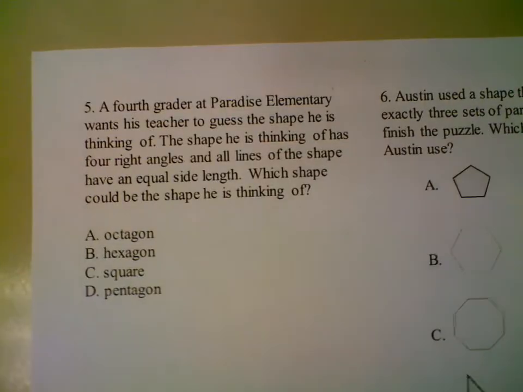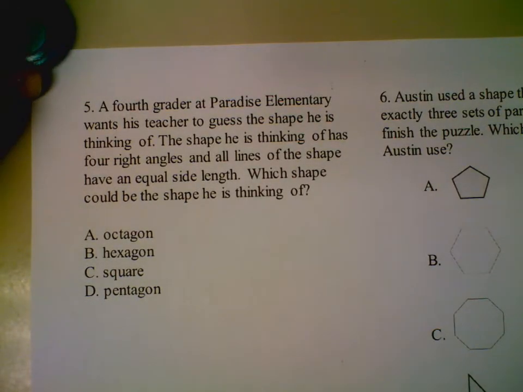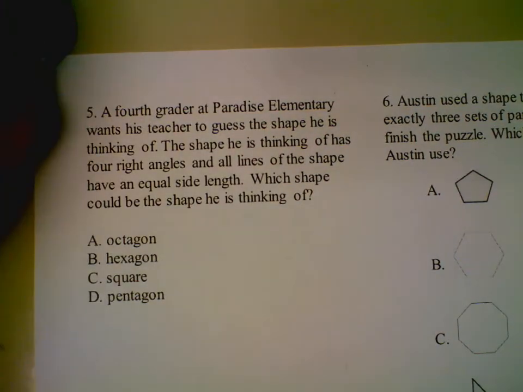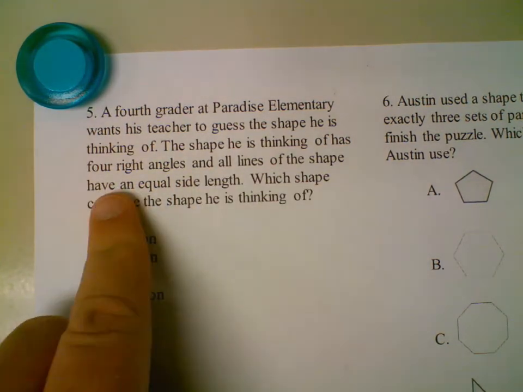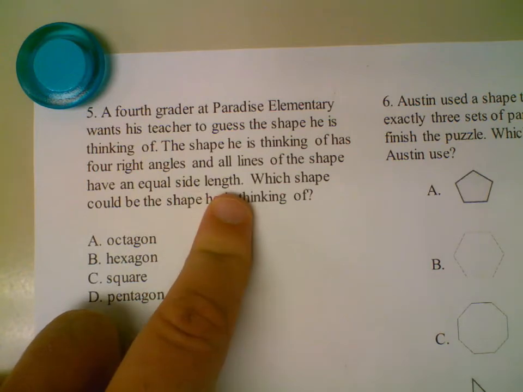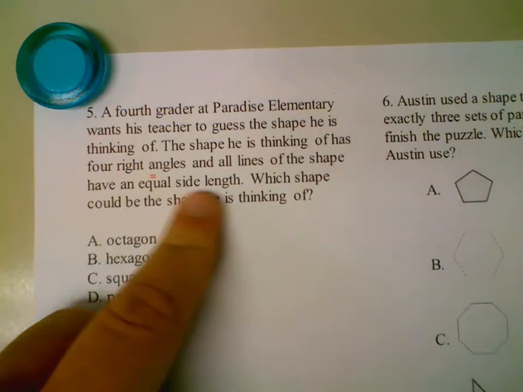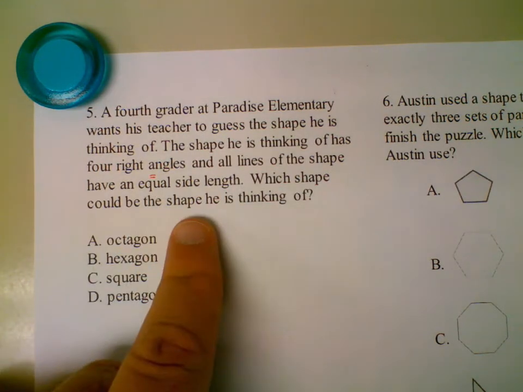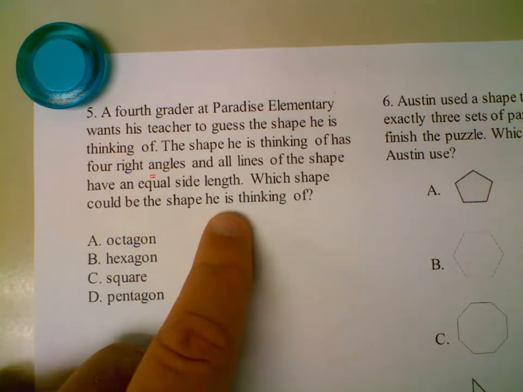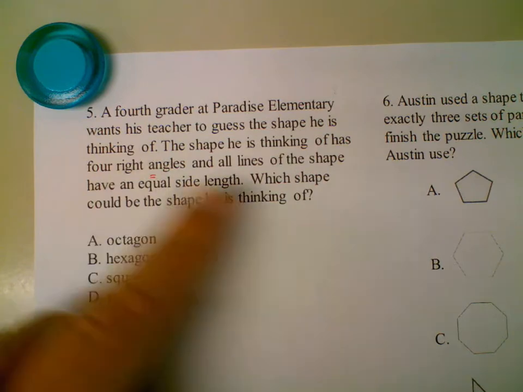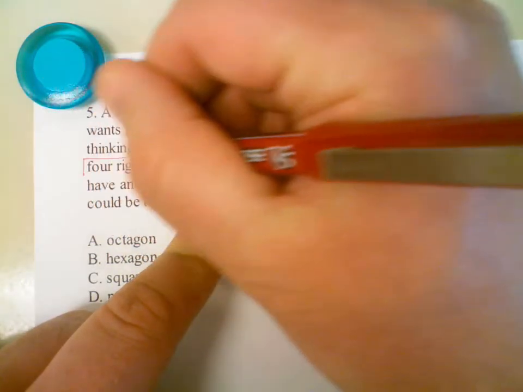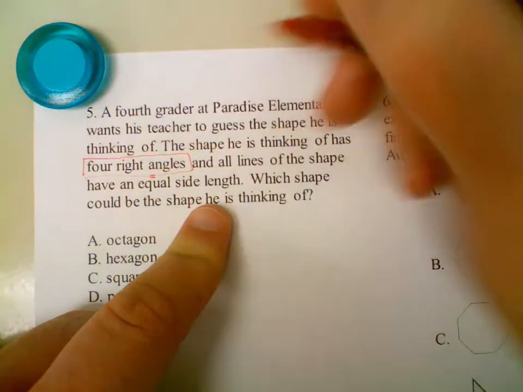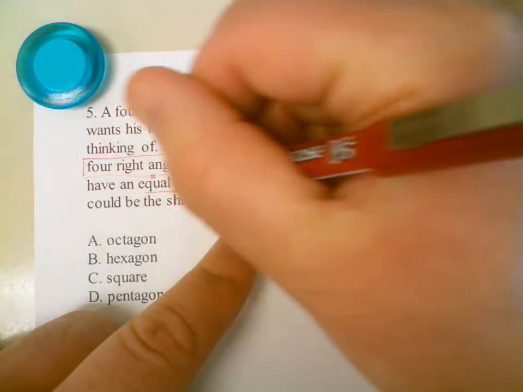A 4th grader at Paradise Elementary wants his teacher to guess the shape he is thinking of. The shape he is thinking of has 4 right angles, and all lines of the shape have an equal side length. I think that means they're congruent. Which shape could be the shape he is thinking of? All right, so we have 4 right angles, and all the lines have an equal length.